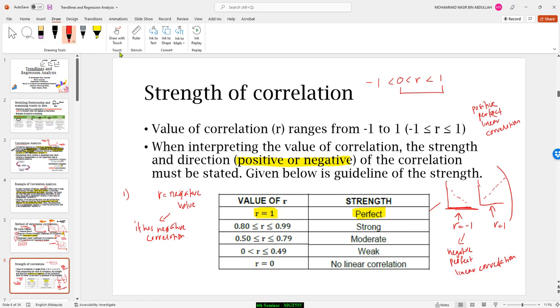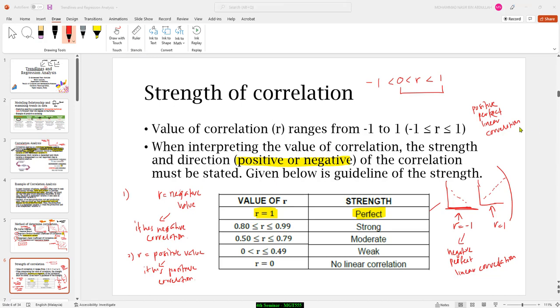Number 2, we tulis R is a positive value, so then it has positive correlation, right? Boleh faham setakat ni?